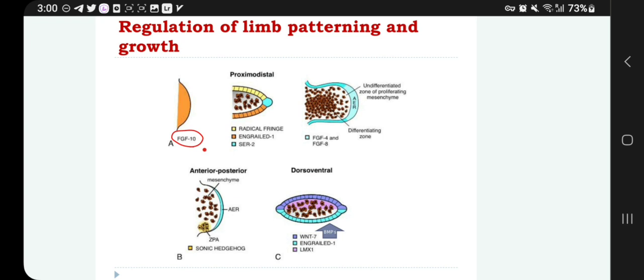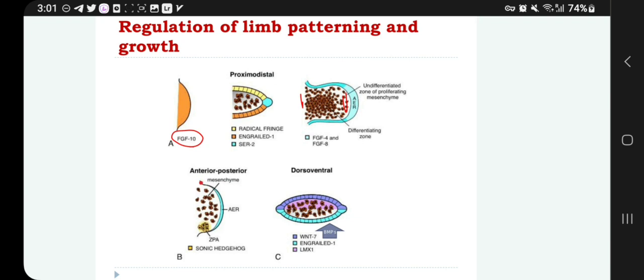For example, a little FGF makes growth in the upper limb. Here is the proximal and distal. As I told you, we have an apical ectodermal ridge that causes the hand to elongate, because the cells here don't differentiate, and the cells near the body differentiate into bones.